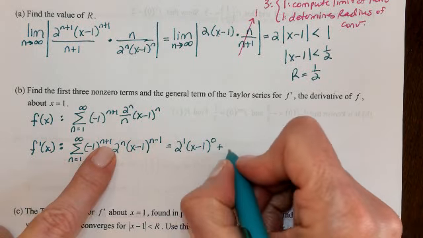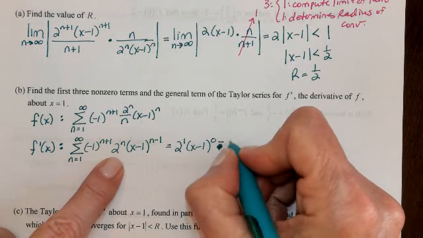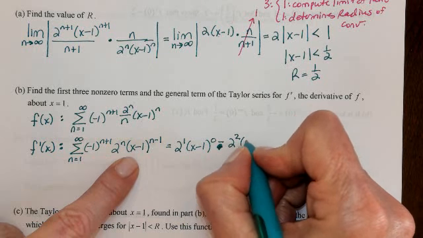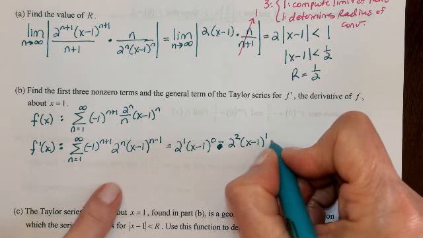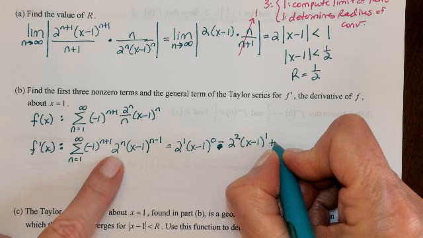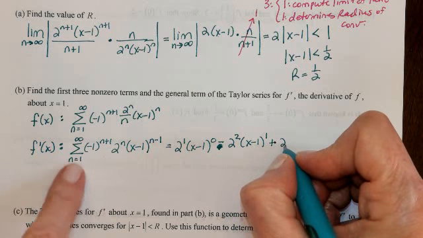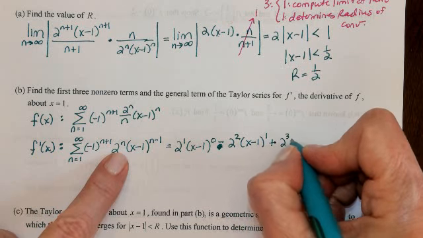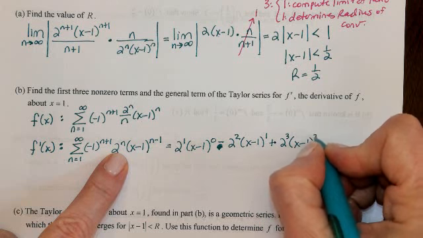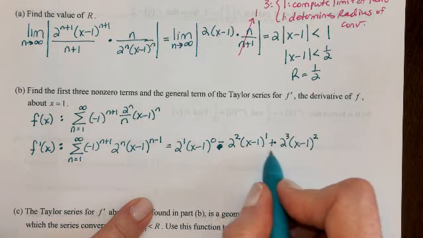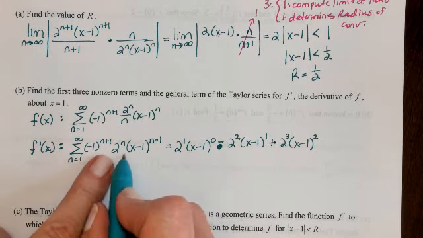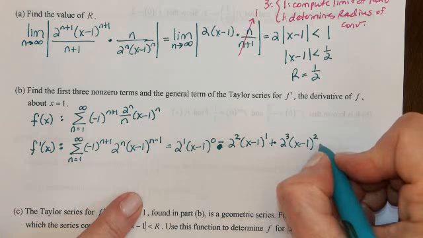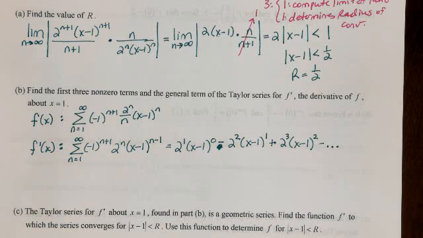When n is 2, we have a negative, so minus 2 to the second times x minus 1 to the first, plus, we're going to be alternating, so plus 2 to the, now we're on n is equal to 3, right? So 2 cubed, x minus 1 squared. That's the first 3 non-zero terms, right? And my general term, I already wrote the general term. So I can just do minus dot dot dot, and I'm good. Okay?